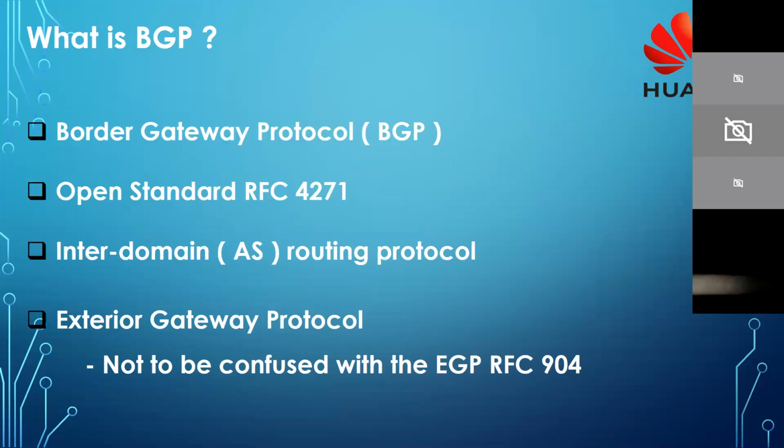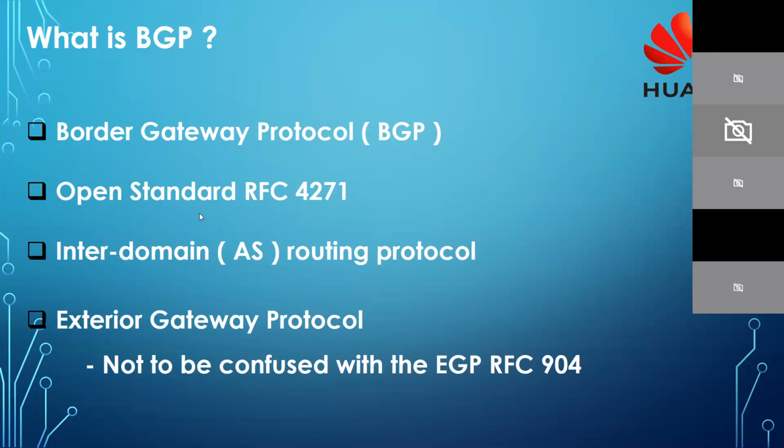Now let's go into the major topic. What is BGP? BGP is the Border Gateway Protocol. It's an open standard, RFC 4271. What does it mean? It means that BGP can run on all vendors. Cisco can run BGP, Huawei can run BGP, Juniper can run BGP.